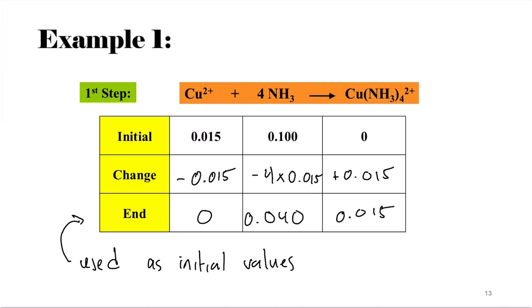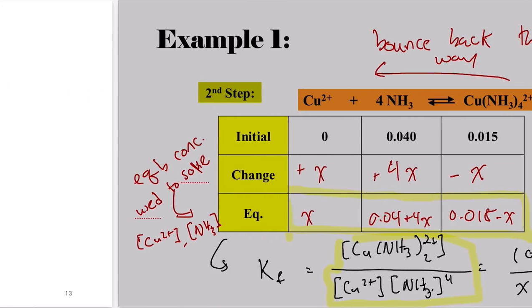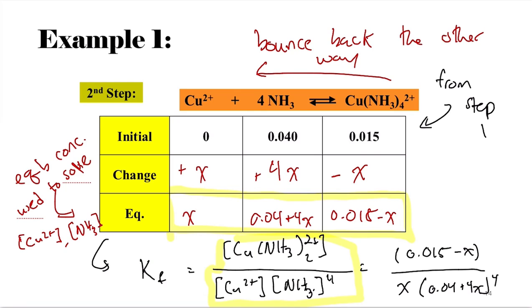I use as much as I can to then make my complex ion, right? So I lose both of these, keeping account of stoichiometric coefficients. And that gives me the initial concentrations, assuming that I made everything I could for the complex ion. And then I use these values as my initial values for my ice table, right?